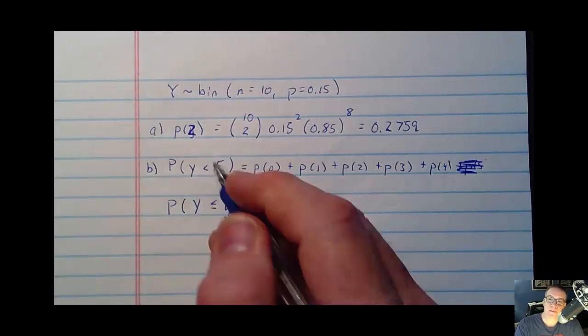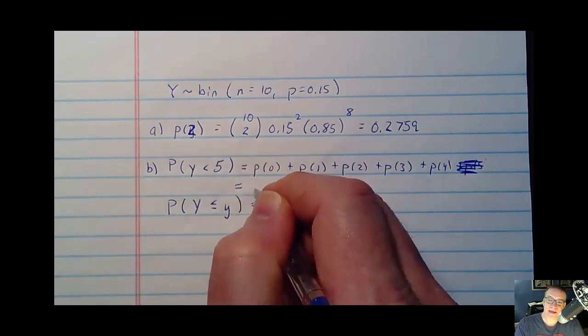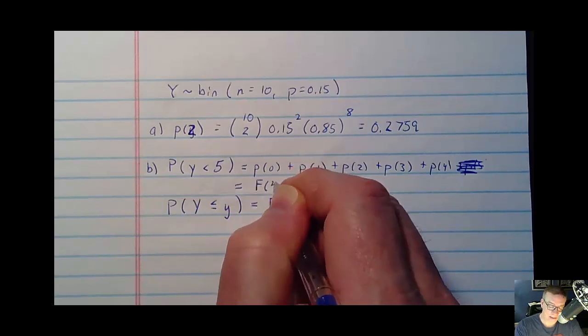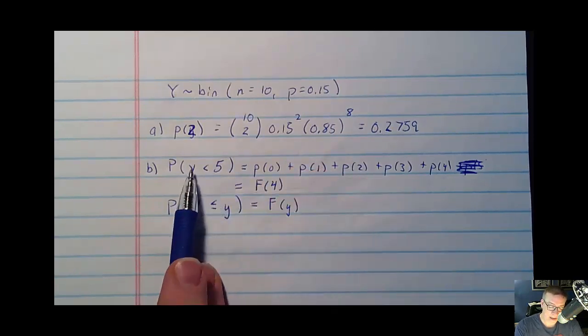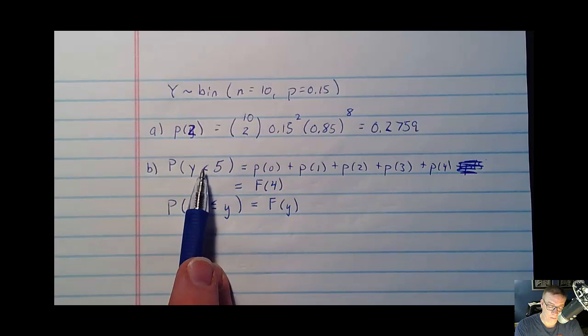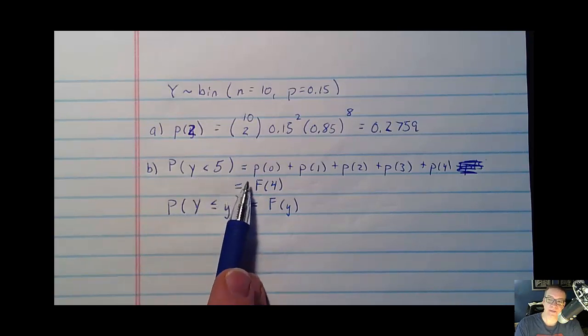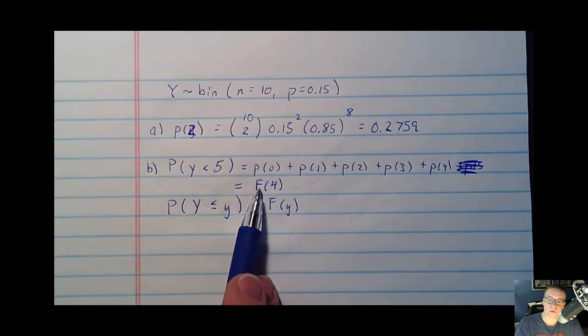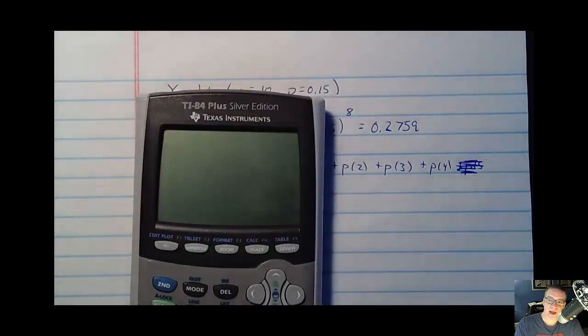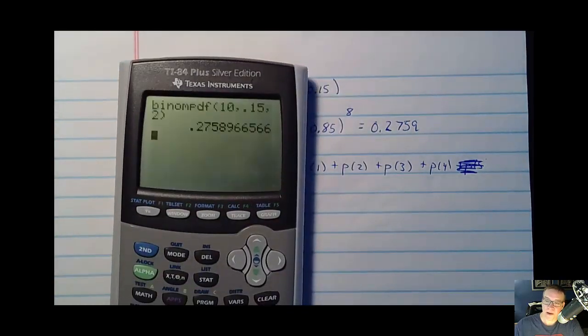So here in part B, less than 5 would be the same thing as capital F of 4, because less than 5 is the same thing as less than or equal to 4.